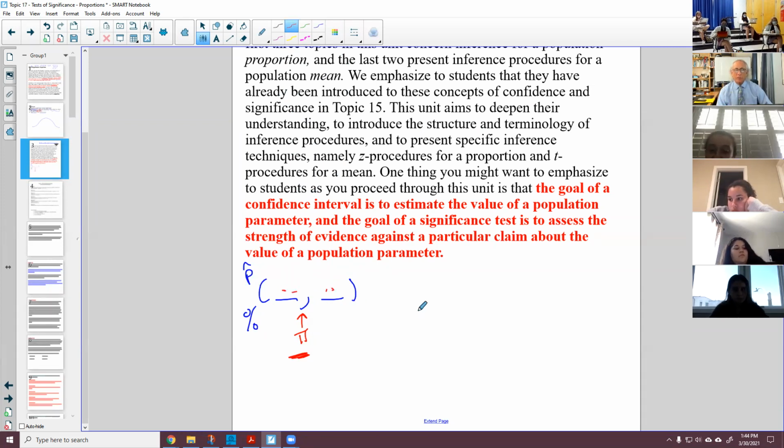That's a confidence interval. But with a significance test, we're actually starting with a hypothesis for the population parameter. And we're going to decide whether or not we can reject the hypothesis or whether we can not reject the hypothesis. We'll have an example here in a minute, but I just want you to notice, I'm not saying we are ever going to accept the hypothesis.